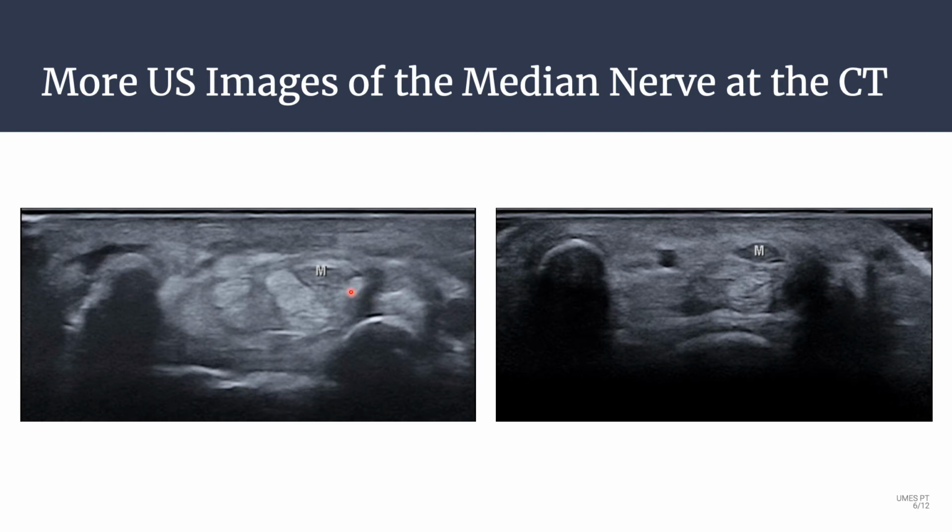The median nerve is labeled in both, and this one is more hypoechoic, but again, it's in relation to the other tissues. So you have the flexor retinaculum, just superficial to it, and then the other tendons that are in the carpal tunnel.